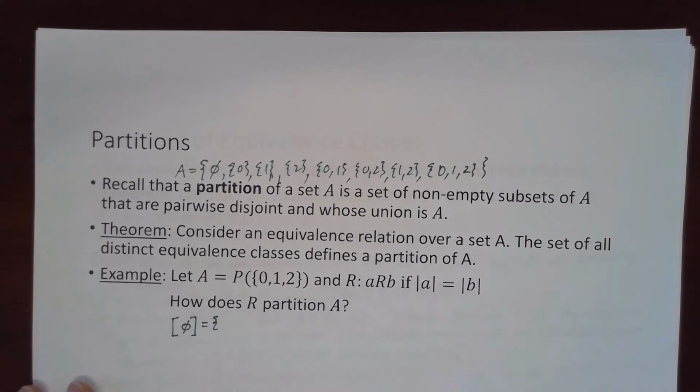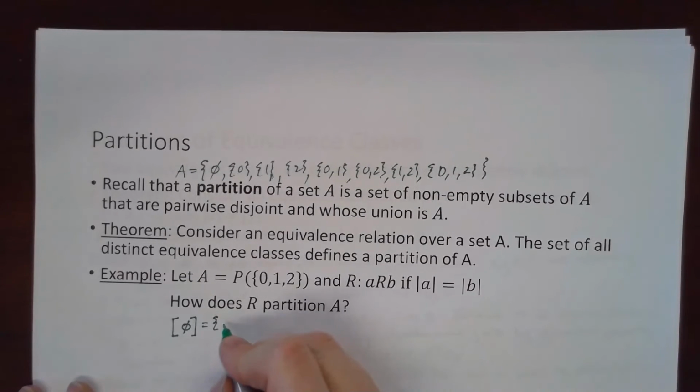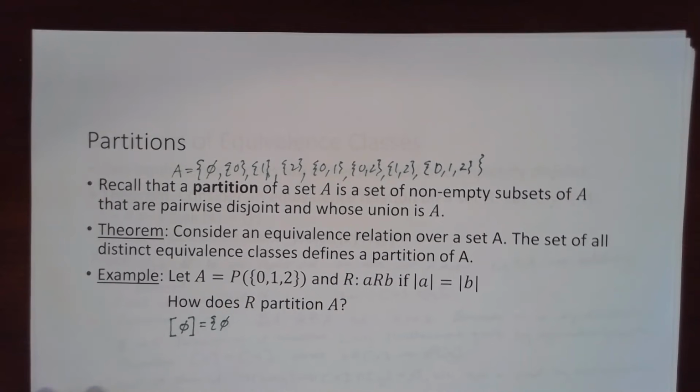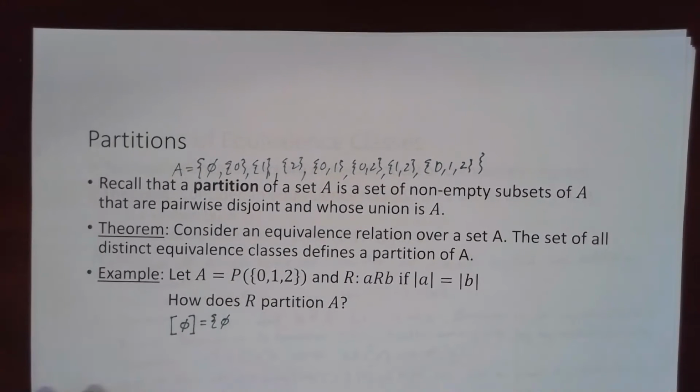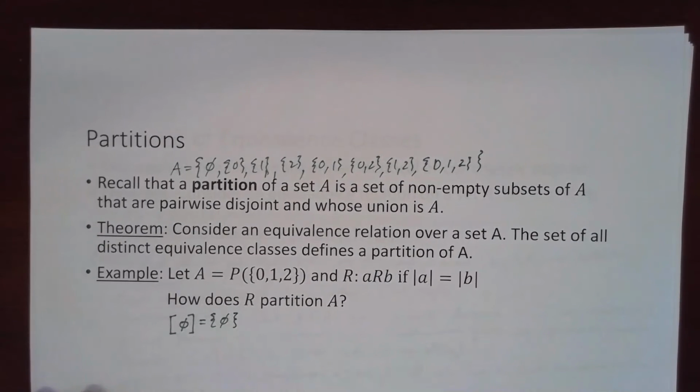Things are related if they have the same cardinality, and every set has the same cardinality as itself. The empty set is no different. Are there any other subsets in here that have the same cardinality as the empty set? No, that's the only one. So that'll do it for that one.